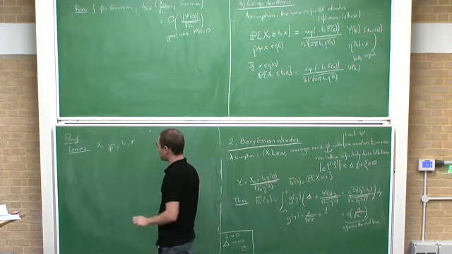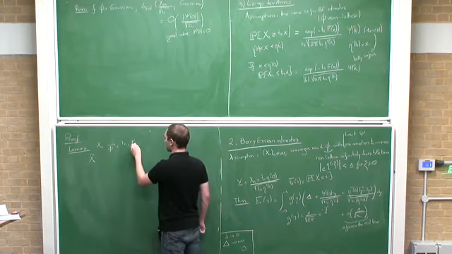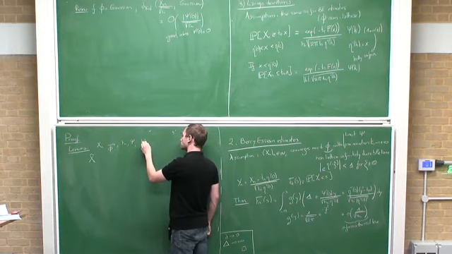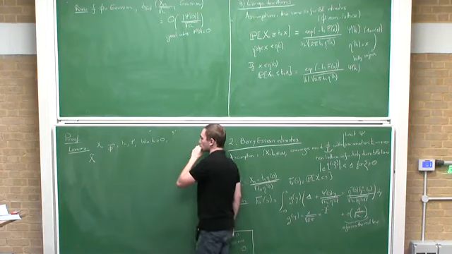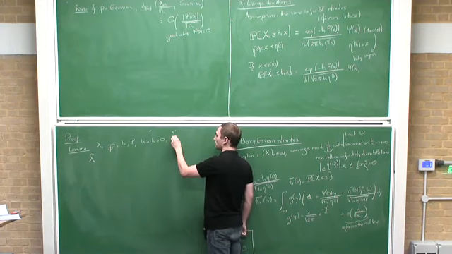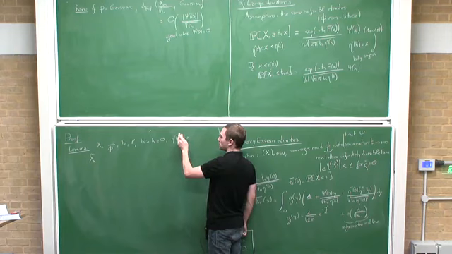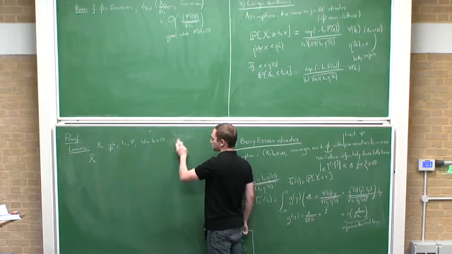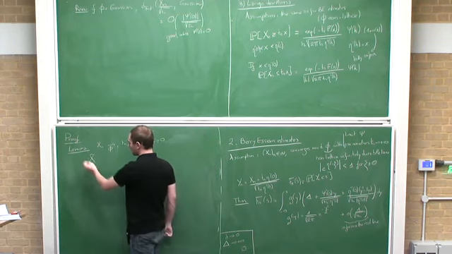And I will make a change of measure, so I will introduce xn tilde. I take h, let's say positive. And I define a new random variable with the following probability.